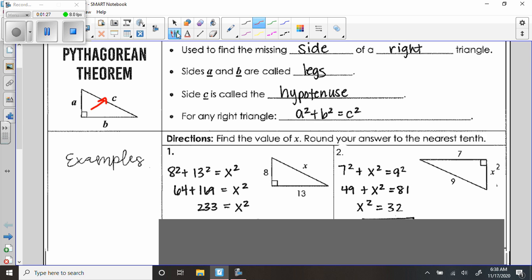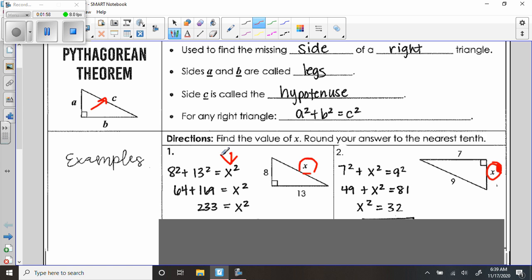We have an example where we have to find the C on number 1, and then we have to find an A or B on number 2. So number 1, we'll put that X in the C spot. And then for A and B, 8 and 13, it doesn't matter which one's A or B.